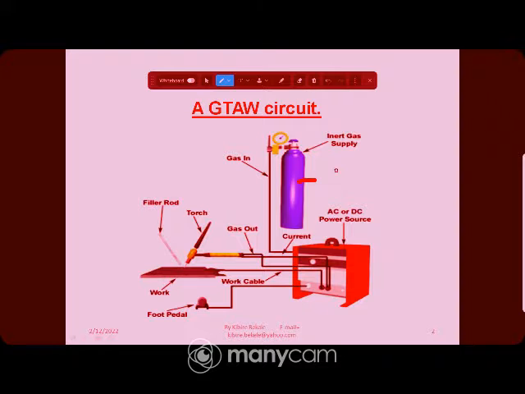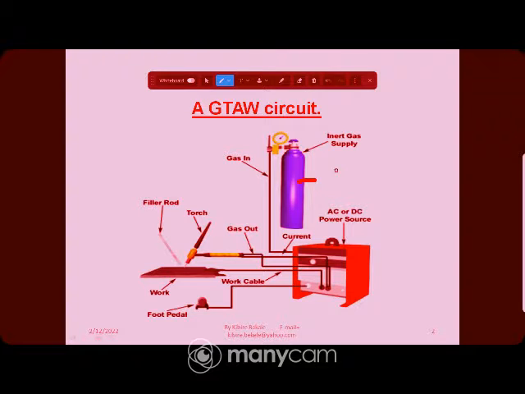So what is this gas used for? For shielding the welding area from air contamination. In air, as we know, there is oxygen, hydrogen, and nitrogen, which are the enemies of welding. That means they can attack the weld and reduce the quality of the welding.